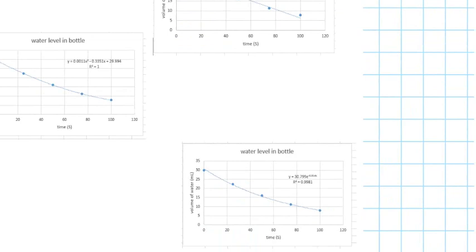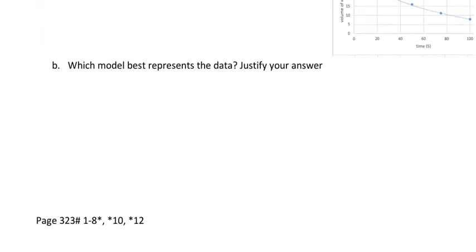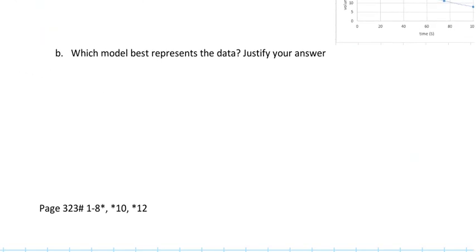So let's write down some explanation here. We know that the linear model is the worst fit. It has the lowest R squared.